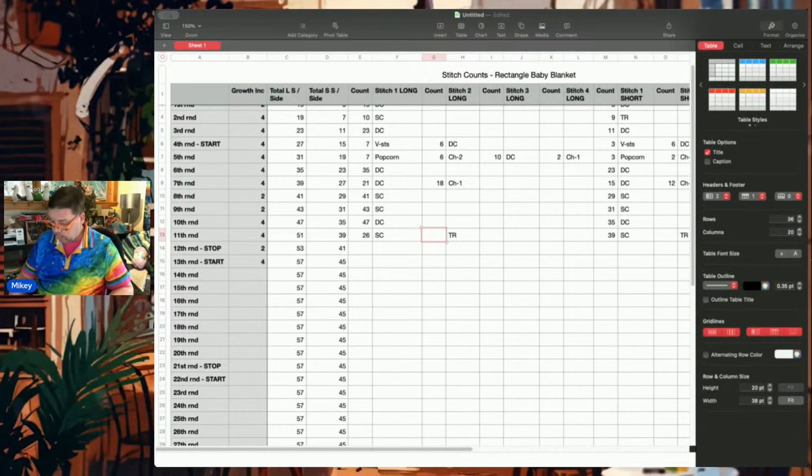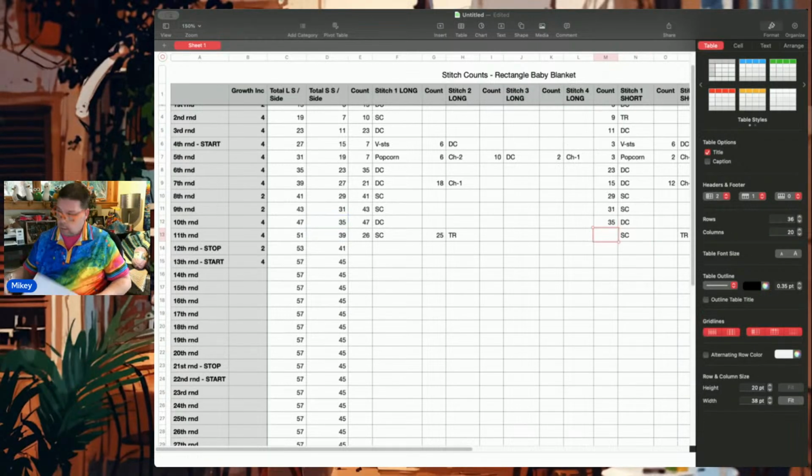And then how many trebles? I just want to verify. 1, 2, 3, 4, 5, 6, 9, 10, 11, 12, 13, 14, 15, 16, 17, 20, 21, 22, 23, 24, 25. So 26 plus 25 equals 51.